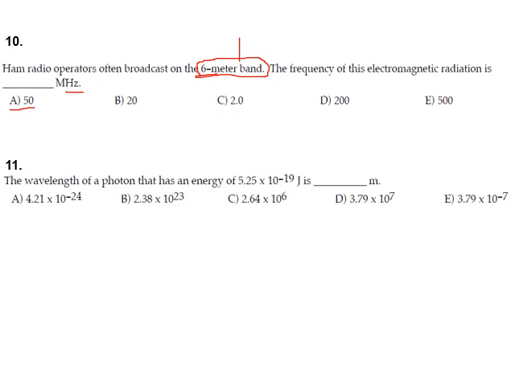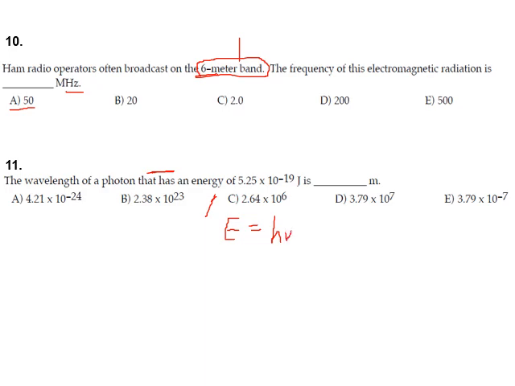Now for number 11 down here at the bottom, we're going to have to use both of our formulas. First of all, it has an energy of a certain number of joules. I probably won't try to do this in my head because it's a little too complicated. First, we're going to use E equals h nu, and we're going to convert the energy from joules to the frequency in hertz.